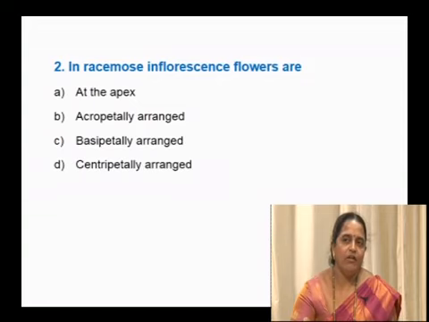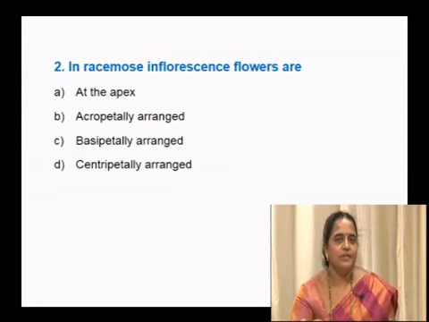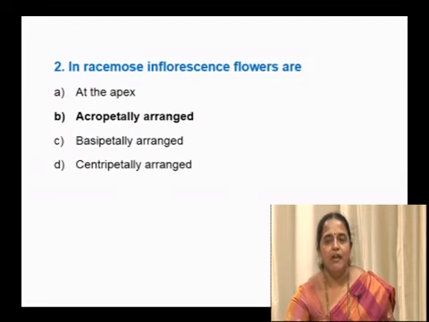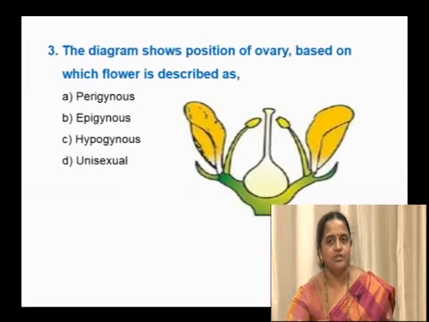In racemose inflorescence, flowers are definitely not at the apex because this kind of arrangement is in cymose. Acropetal arrangement, yes, because basal flowers are old and young flowers are towards the apex. Basipetal arrangement is in cymose and centripetal arrangement we find in the head or capitulum. So, the correct answer is the flowers in racemose inflorescence are acropetally arranged.